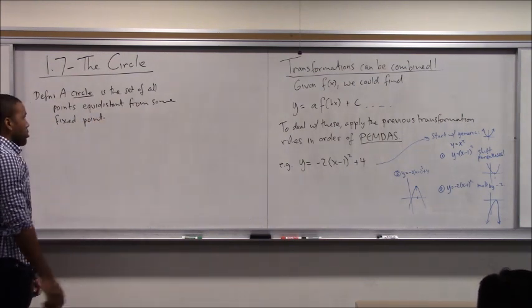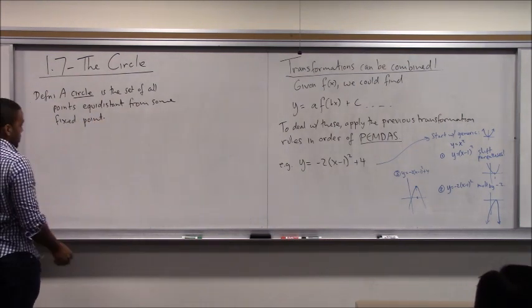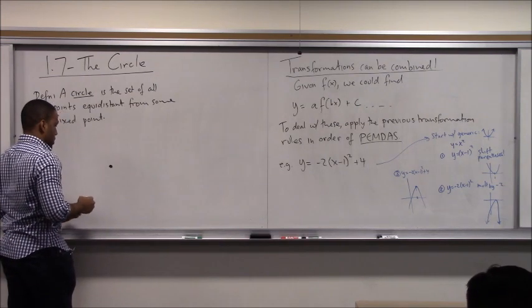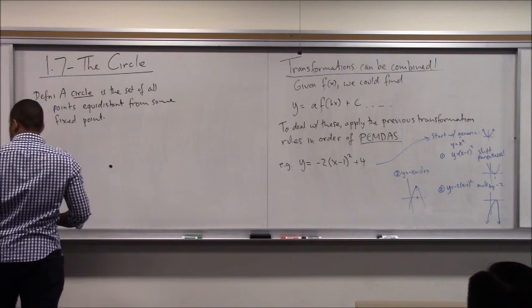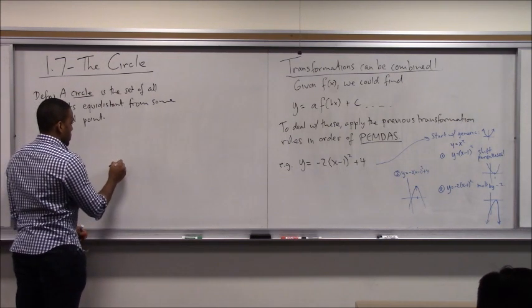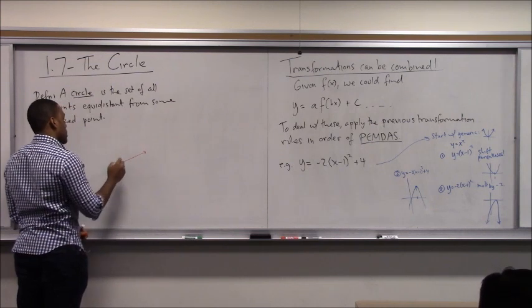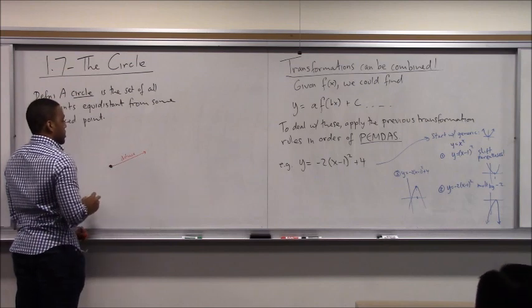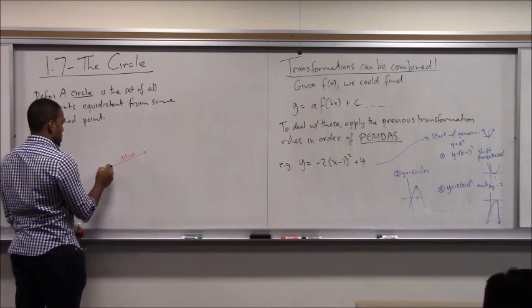A circle is a set of all points equidistant from some fixed point. So you can have a fixed point here. And now you can choose a distance. Let's say there's some distance here. This is your fixed point.